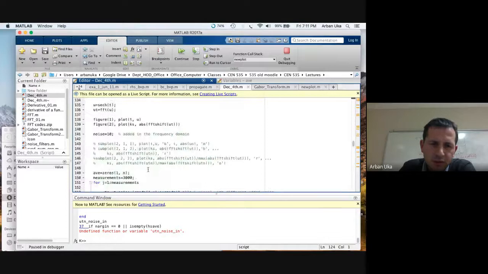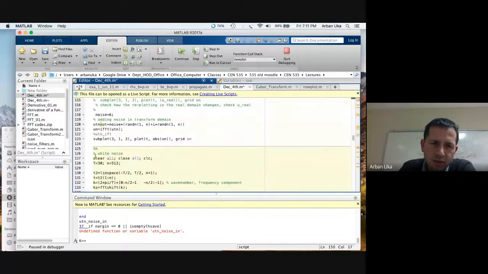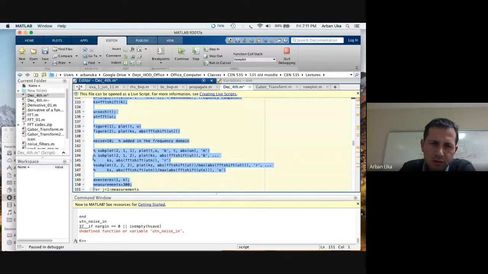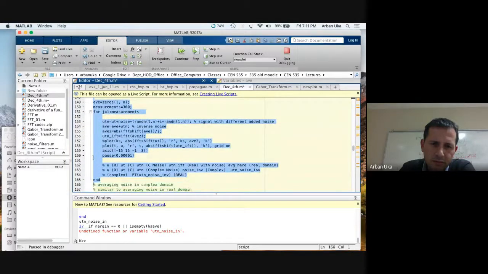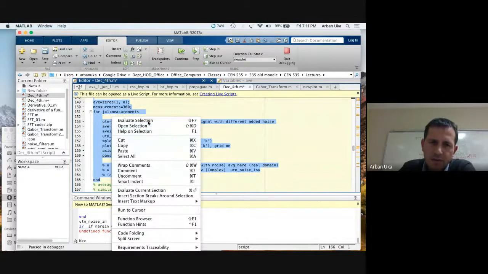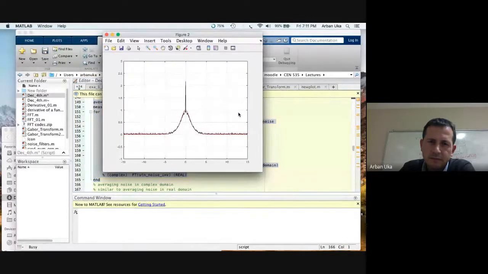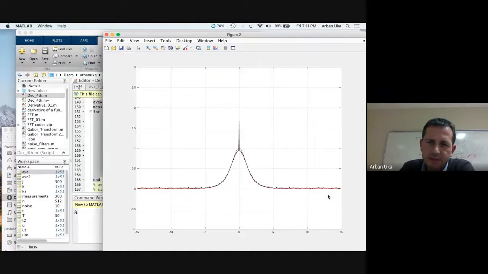I was wondering if we could check what the effect would be if we are dealing with a smaller noise. Okay, so it looks like the very high amplitude had an expected negative effect.